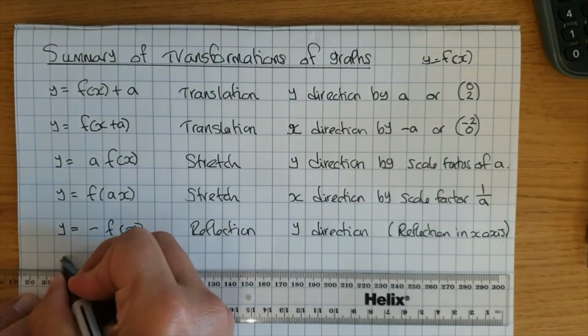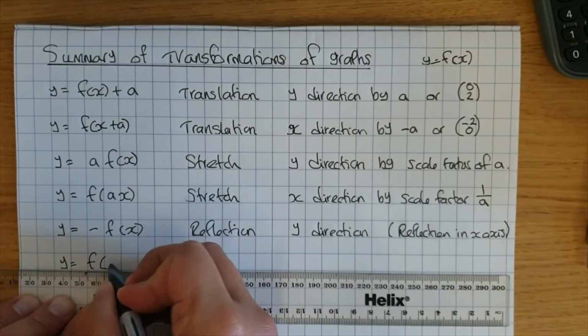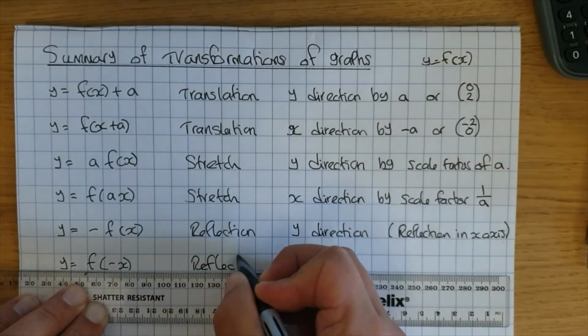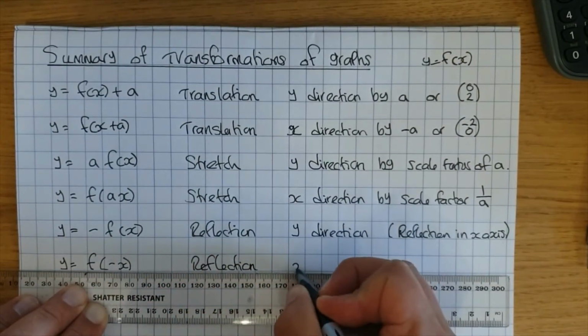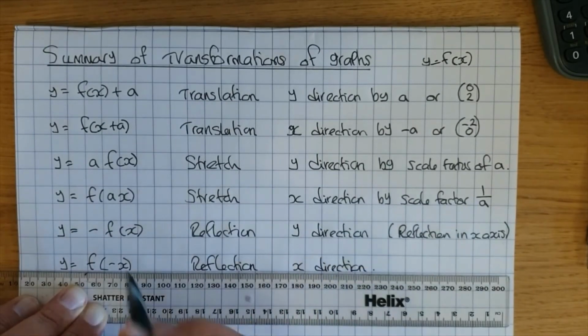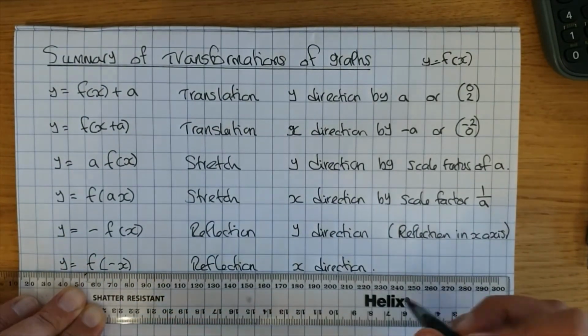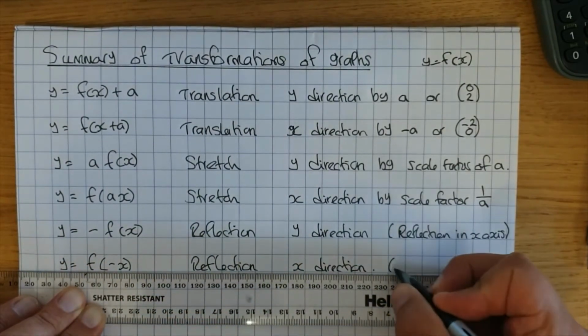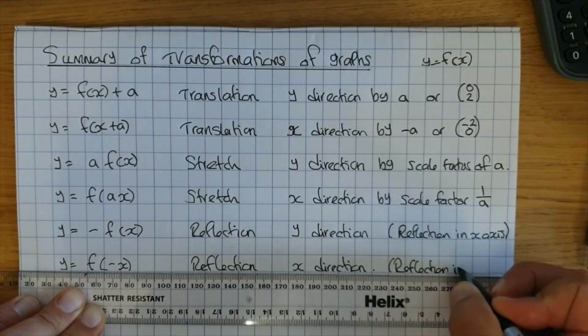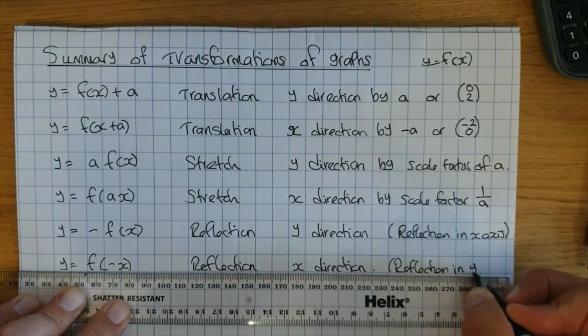And then, of course, we have y equals f of minus x, which is a reflection in the x direction. We know it's going to be in the x direction because the negative is inside the function. If it's inside the function, it's the x direction. And therefore, this is effectively a reflection in the y-axis.